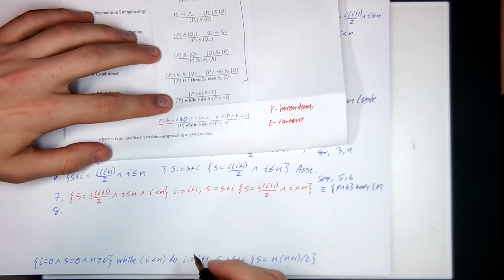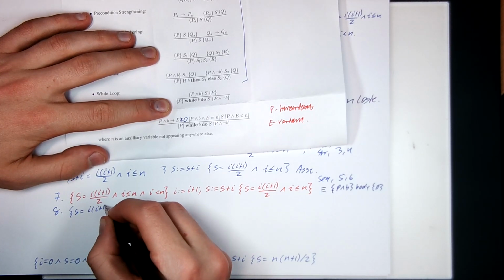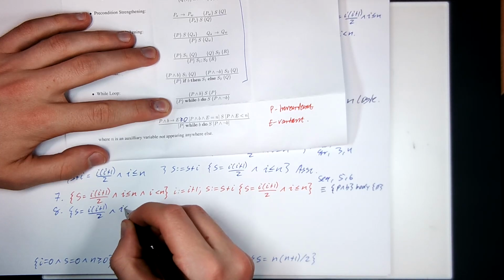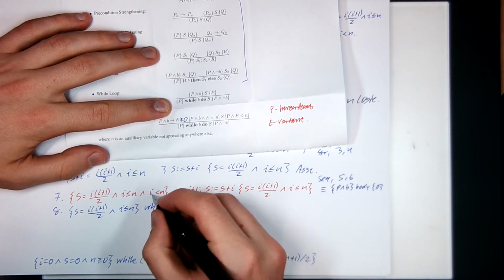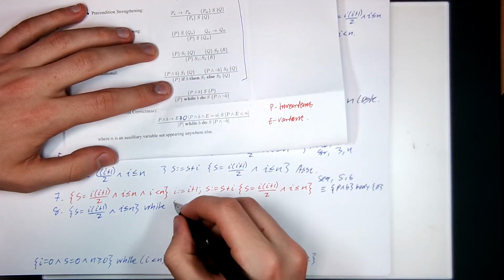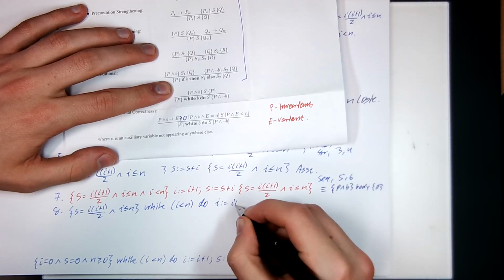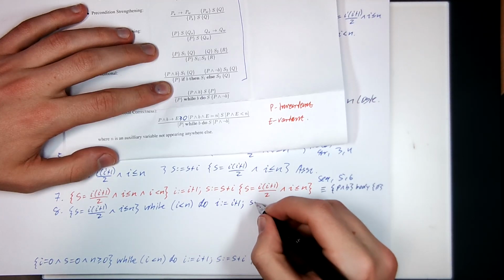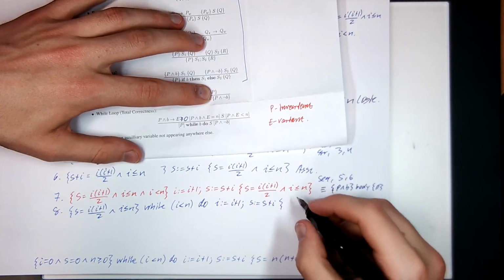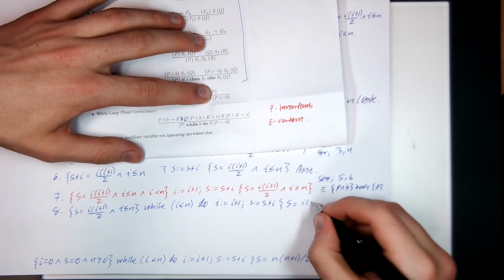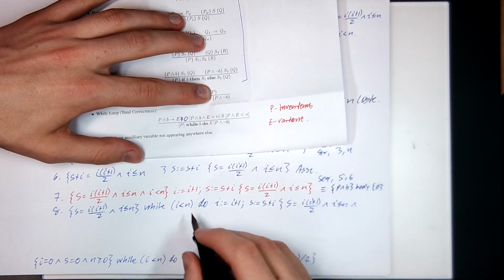So I'm going to get, what am I going to get? I'm going to get P. So S equals I plus 1 on 2, and I is less than or equal to N, while B, so this condition here, because this B, that B match, so while I is strictly less than N, do the code, I becomes I plus 1, S becomes S plus I, and then our postcondition is P and not B. So S equals I plus 1 on 2, and I is less than or equal to N, and this condition is false.